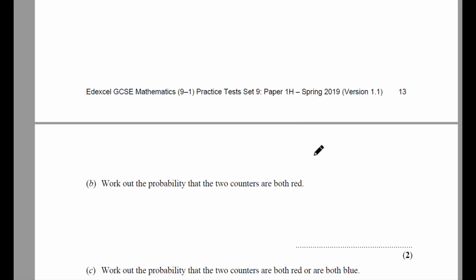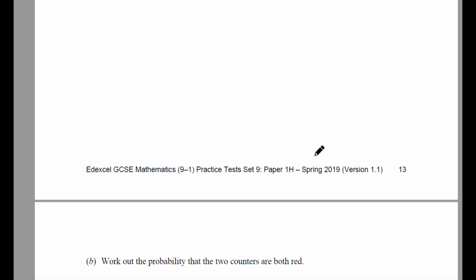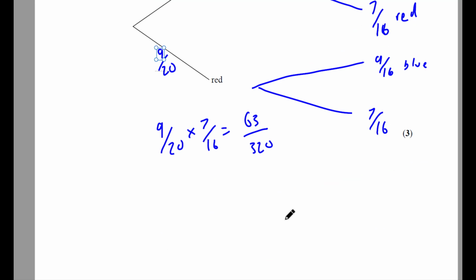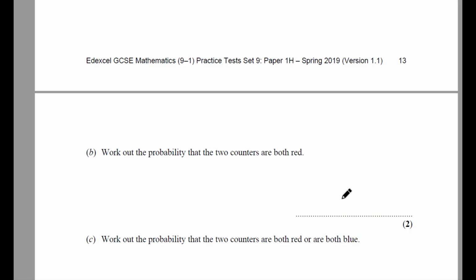Work out the probability that the two counters are both red. So we would need to do both red. 9 out of 20 times 7 out of 16, which should be 63 over 320. Obviously write that down here so you get your method marks.